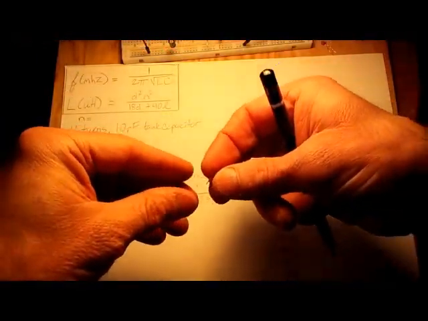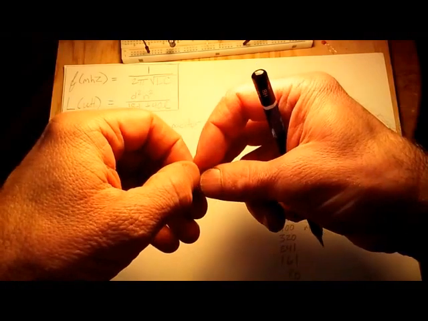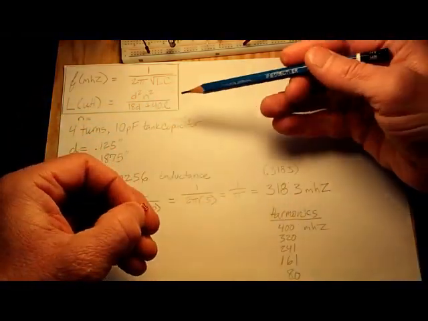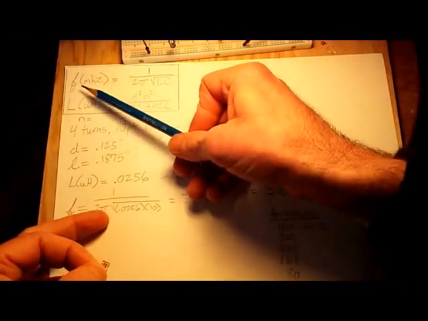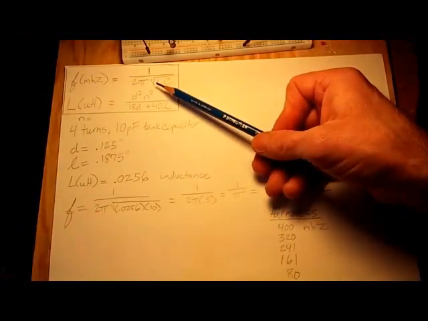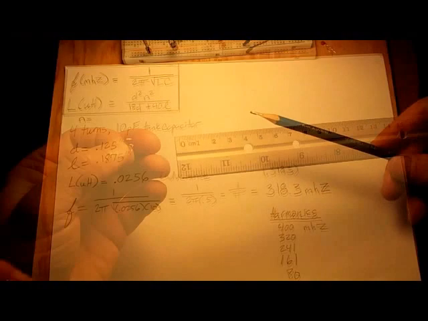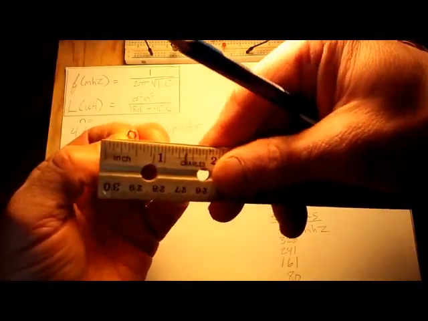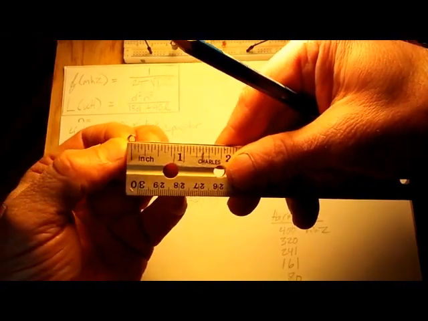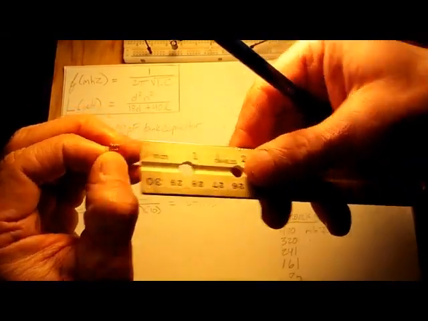So before moving over to the software-defined radio program GNU Radio Companion, let's calculate the inductance of our coil and then calculate the frequency that we'll be transmitting at in megahertz. So you want to measure in inches the diameter of the coil and also the length of the coil.